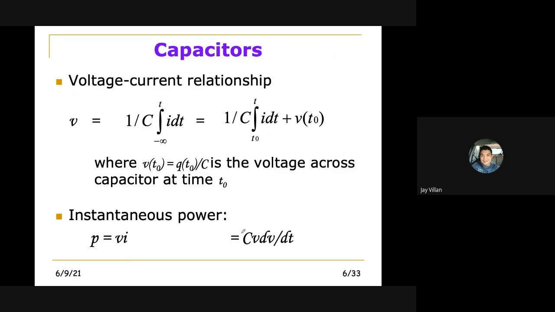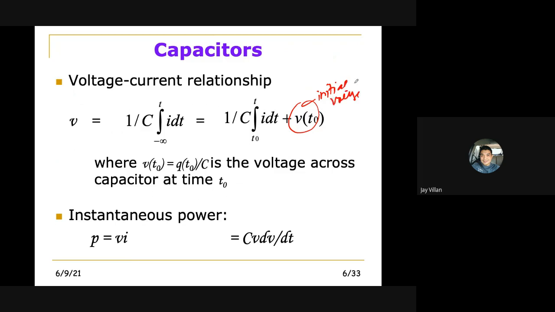Okay, however, if we only consider t equals 0, and consider that voltage at t equals 0 as the energy or the voltage that is present in the capacitor, then we could have the equation for the voltage as 1 over C, the integral from 0 to t of I dt, plus V of t0, which is what we call the initial voltage of your capacitor.